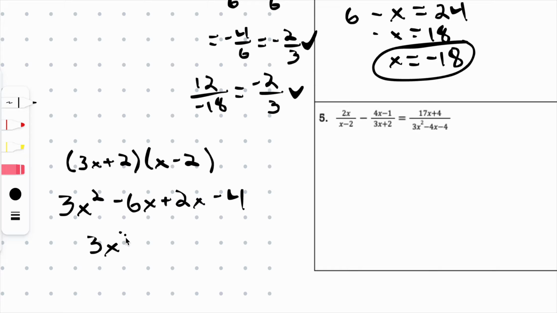When I combine like terms, -6x plus 2x is -4x. And that matches up with our denominator over here. So our least common multiple, or our least common denominator, is 3x squared minus 4x minus 4, which is equivalent to this expression up here.